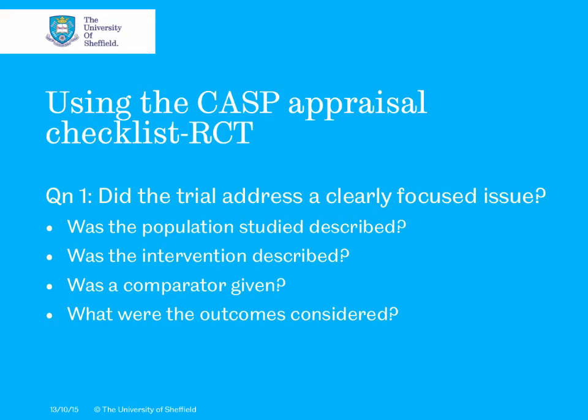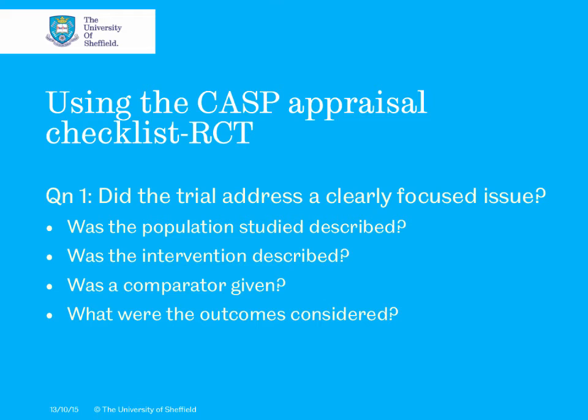We use the acronym PICO to help us. P stands for population, I for intervention, C for comparator, and O for outcomes. To answer this question, we want the paper to clearly describe the population to be studied, what the intervention is, what the comparator group (the control group) is, and what the outcomes were.